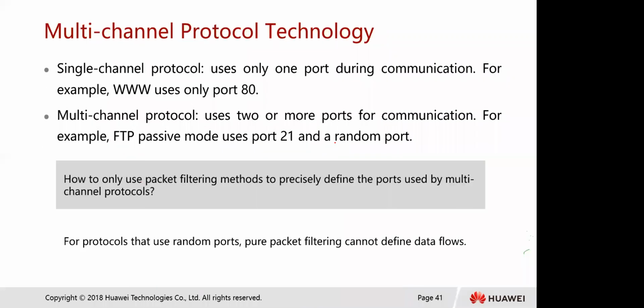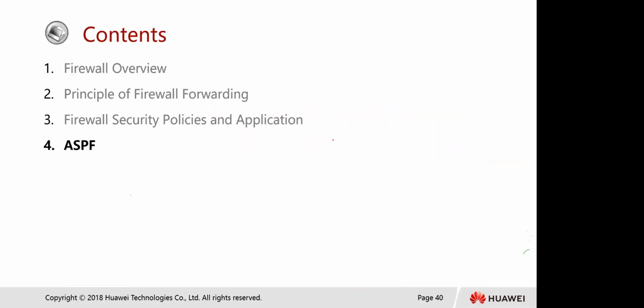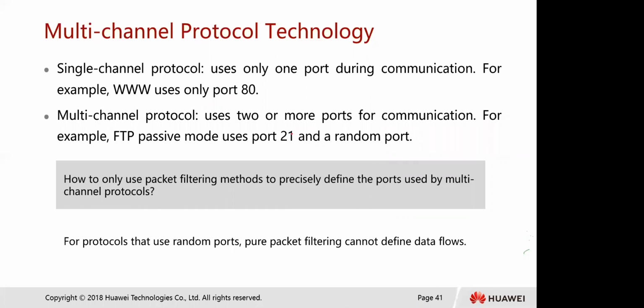Okay. So let us look at the ASPF and try to understand what it is. So most multimedia application protocols, such as H323, SIP, FTP, NetMeeting use prescribed ports to initiate a control connection and dynamically select a port for data transmission.